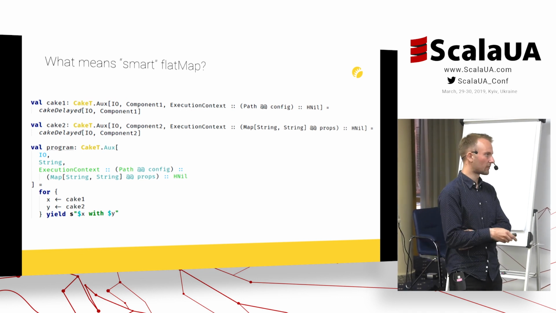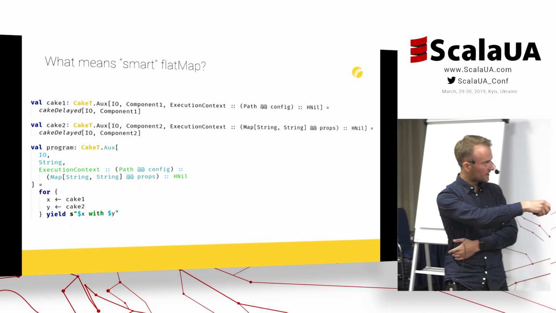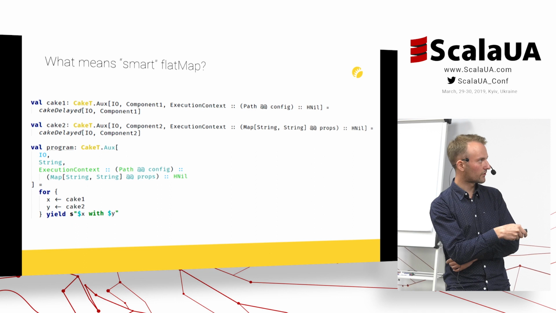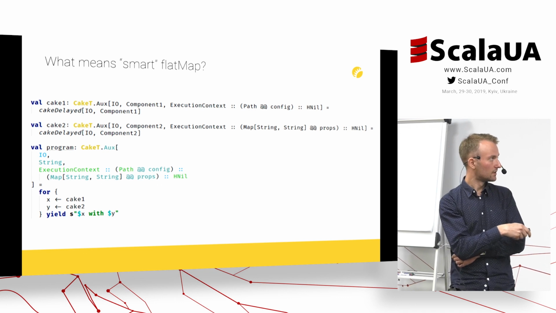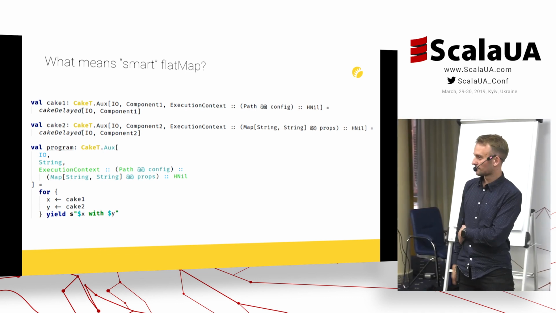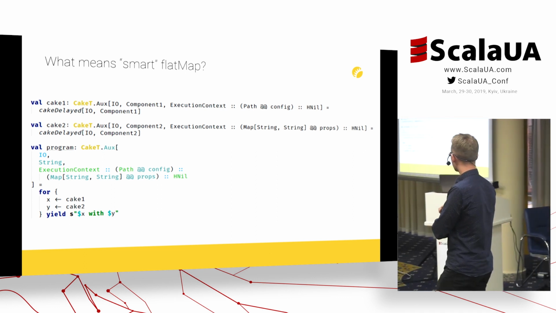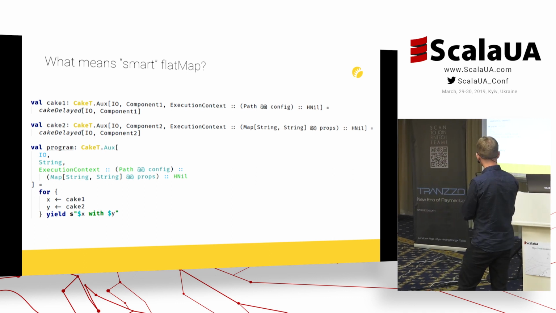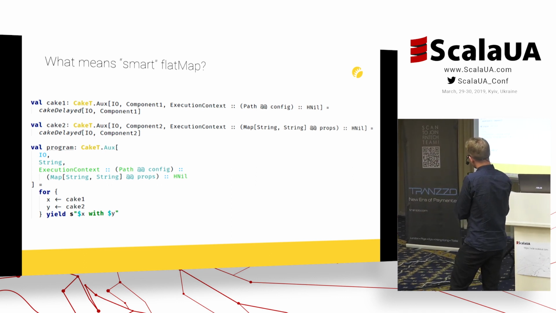Actually, what does smart flatMap mean? If you look at the type signatures, the first cake depends on execution context and some configuration path. The second cake also depends on execution context and on some properties. If we combine them in a for comprehension, using flatMap, with a shapeless union we can accumulate the dependency type, unlike a reader monad does.